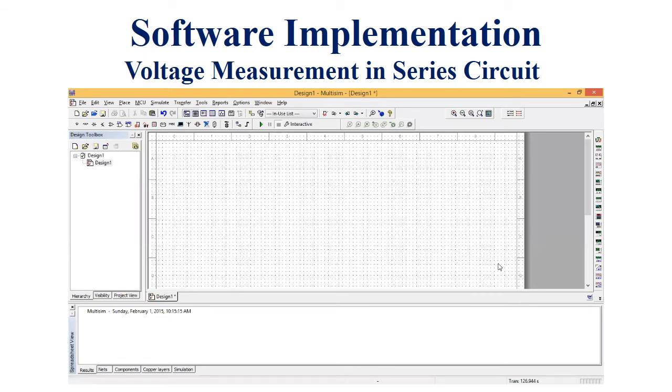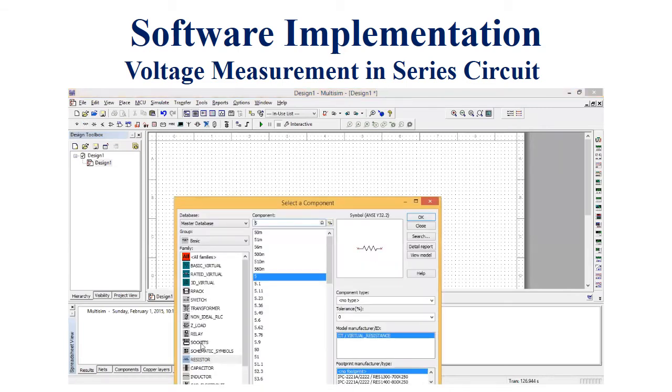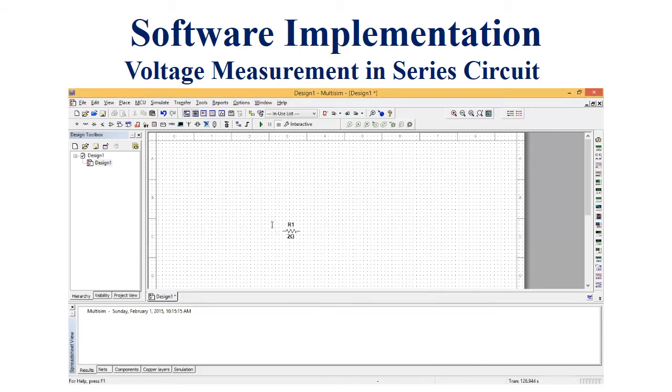In this experiment we will learn about the measurement of voltage across the resistor. So firstly we have to place the components of the circuit in NI Multisim software. Moving towards this block, then moving towards resistor, then pick the resistor of 2 ohm and place it on NI Multisim software.